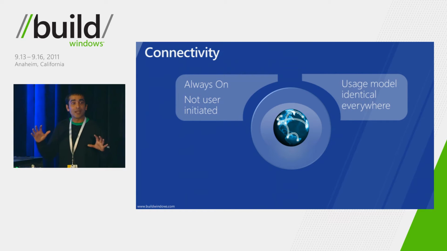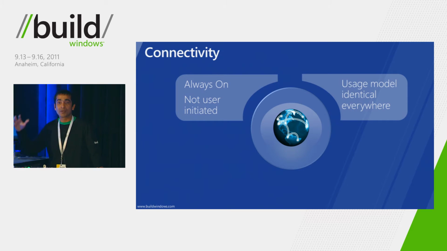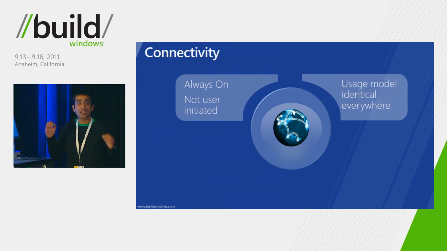From an end user perspective, the usage model that the end user has to be aware of does not change whether he's physically located within his enterprise network and accessing those resources, or whether he's remote in an airport or a Wi-Fi hotspot. He would use the same behaviors that he would when he's on the corporate network.